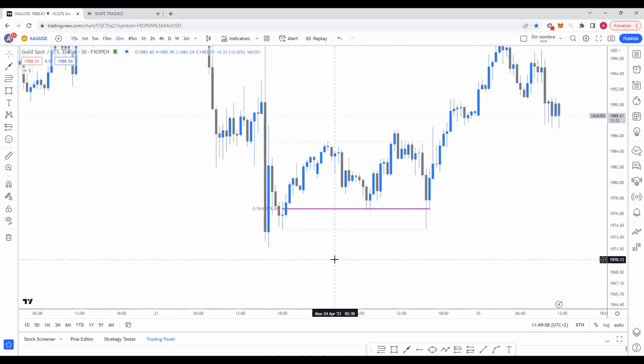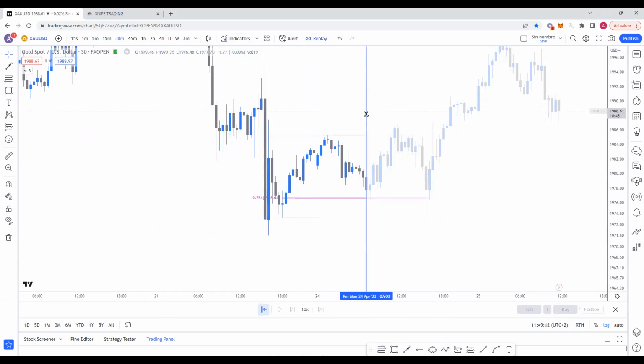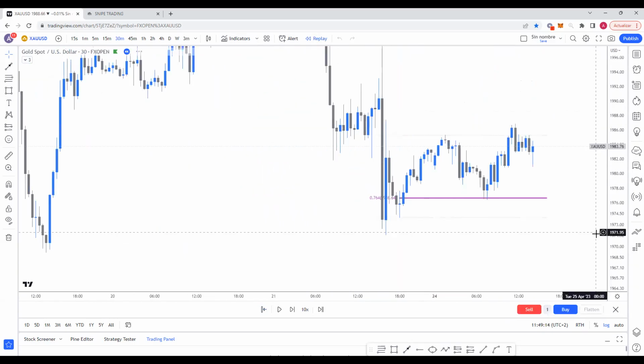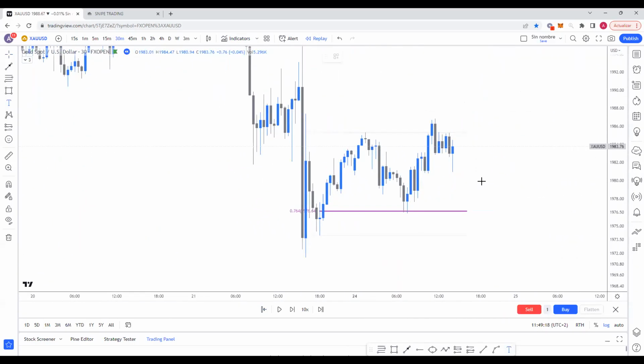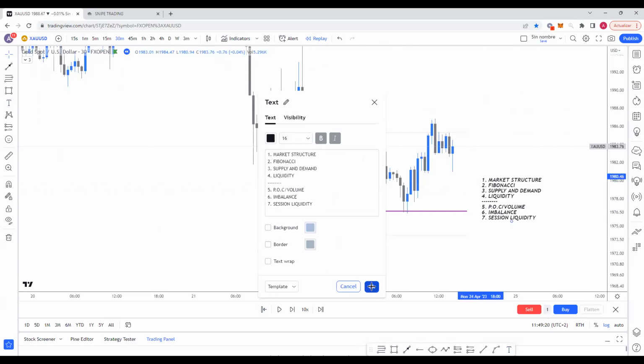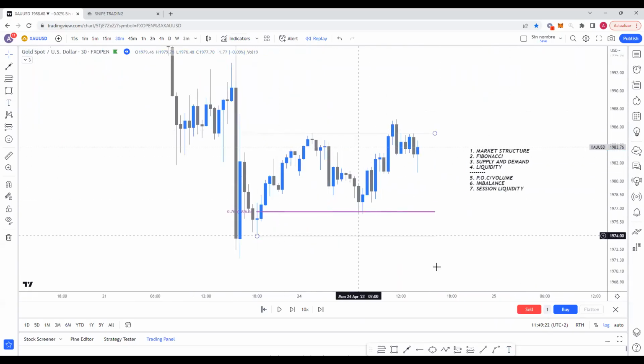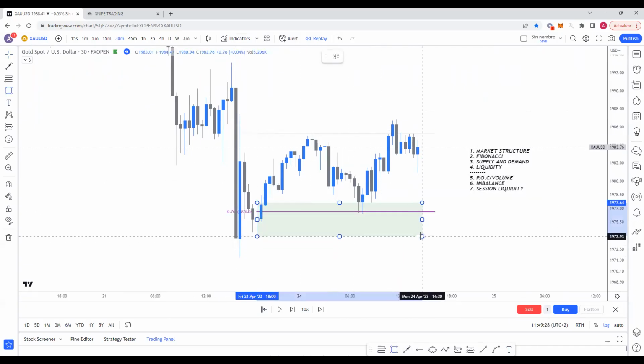Let me show you right now. This is how you can look for setups inside setups. Let's say we have this setup right here, okay, which gives us this demand zone.